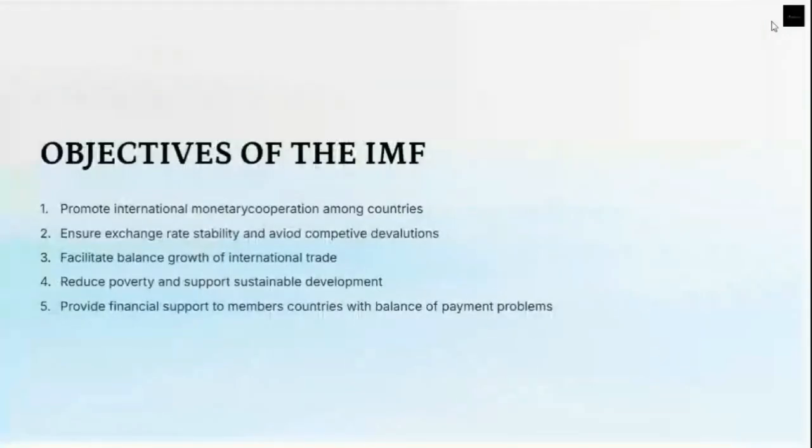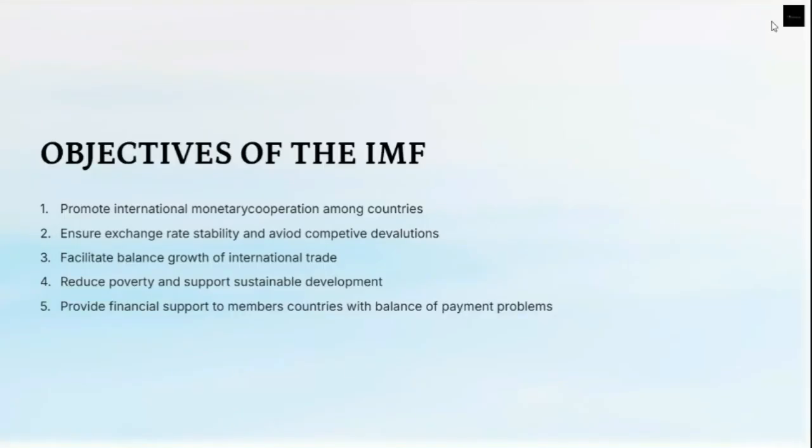Now, what are the objectives of the IMF? The objective is what? To promote international monetary cooperation among countries. To promote it internationally, not only in one country. Okay, this country needs money, let's cooperate and support this country.